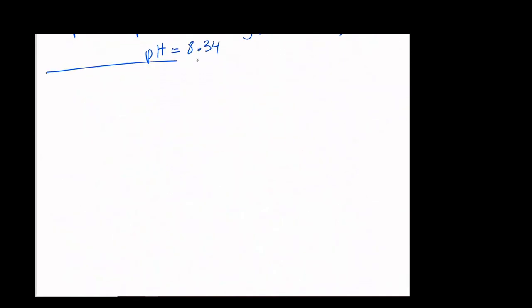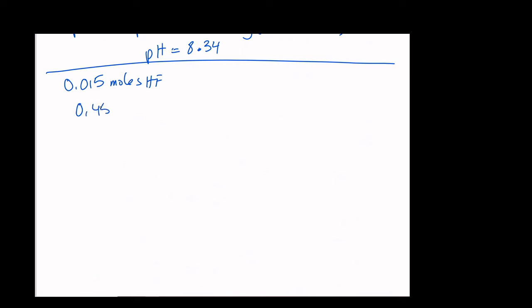So initially, we always go back to the beginning amount of acid. 0.015 moles of HF, okay? And so let's go ahead and calculate the moles of KOH.